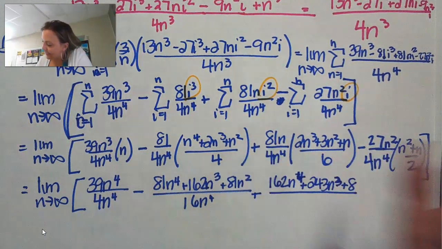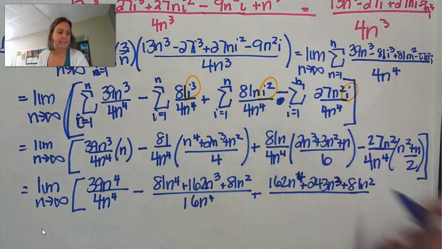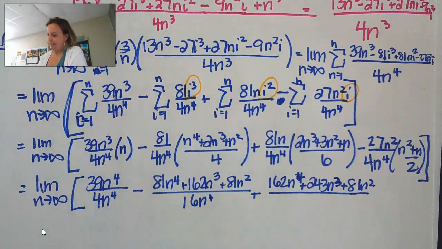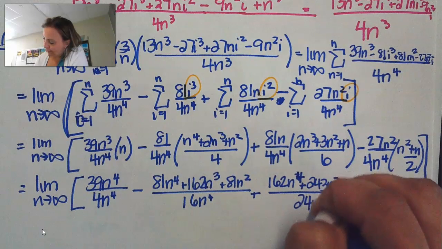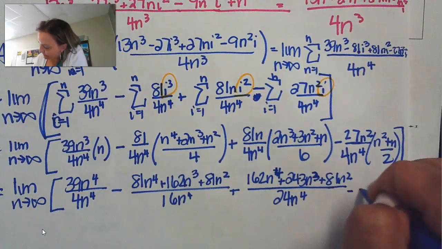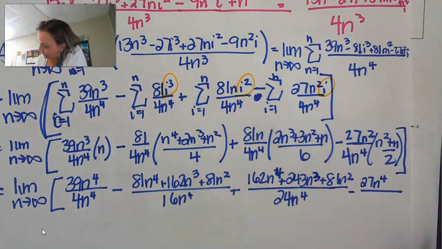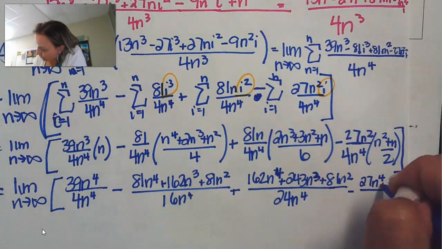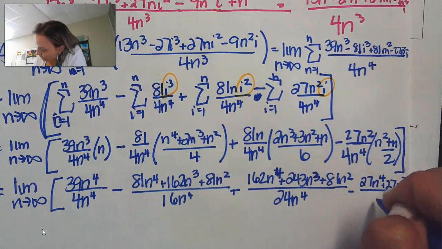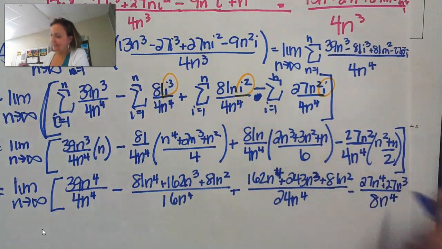And then 81n times n is 81n squared. And then this is over 24n to the fourth, minus 27n to the fourth plus 27n cubed all over 8n to the fourth.